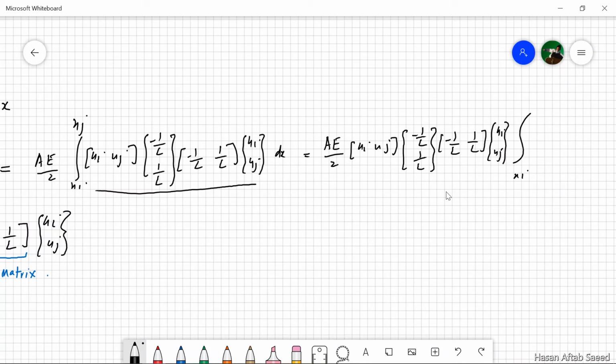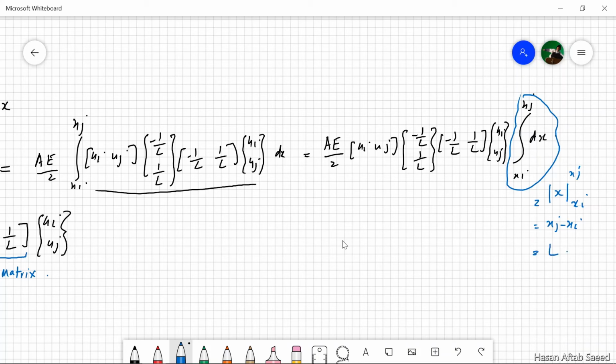Simply, now this integral simply becomes x, and we have to take the limits, and this becomes xj minus xi, which is nothing but L. So we have this L here.